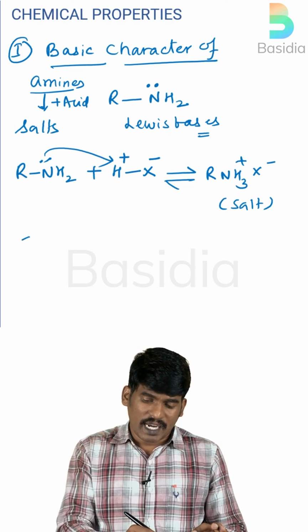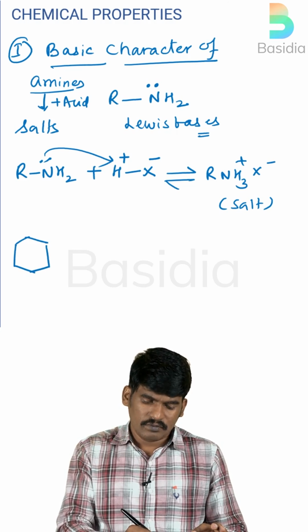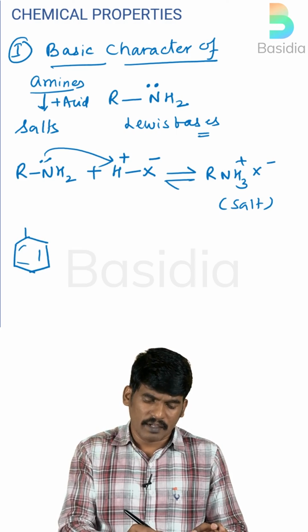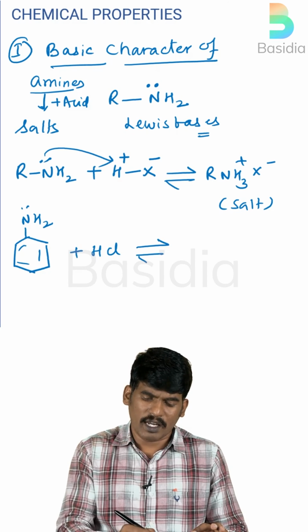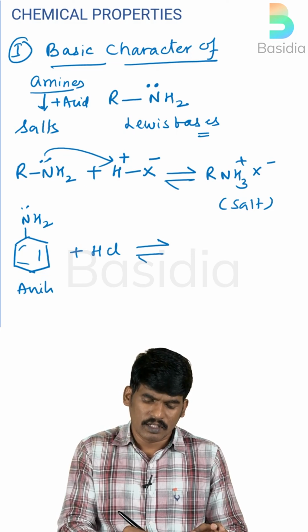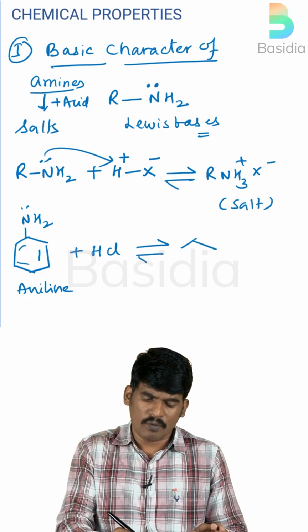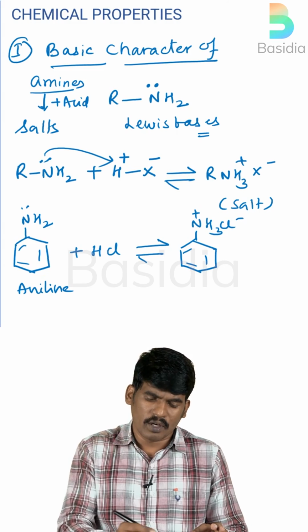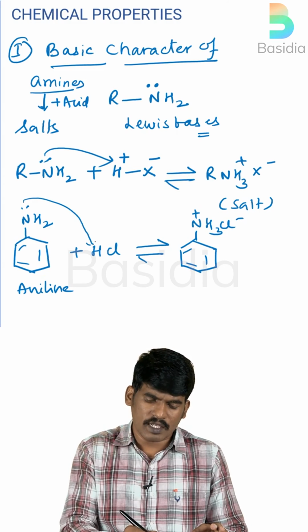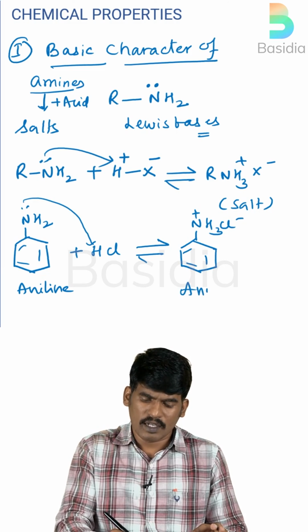Similarly, if you take an aromatic amine like aniline, when it reacts with HCl, it forms anilinium chloride, because the lone pair can be donated to the H+.